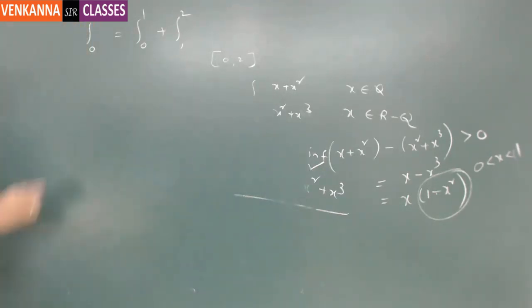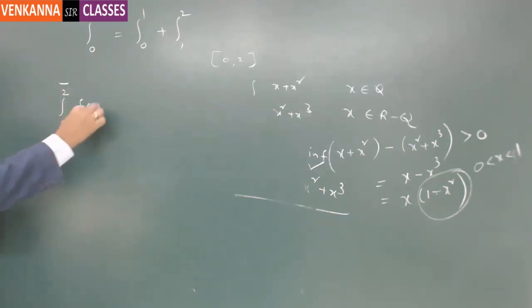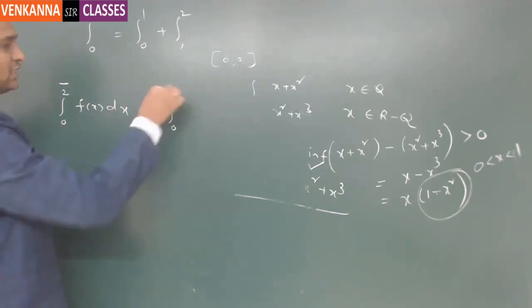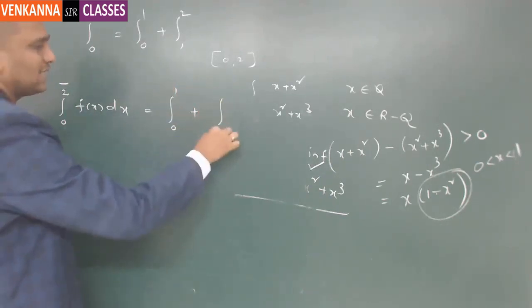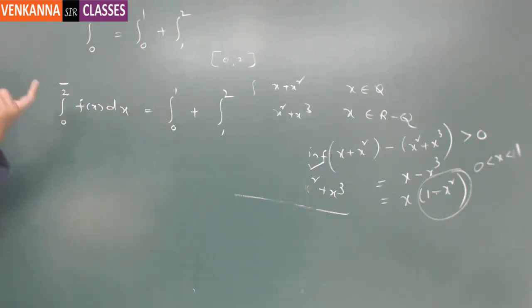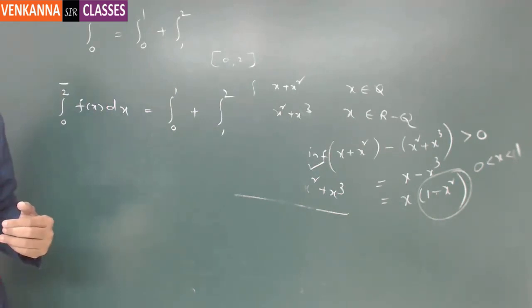So what we are going to do is, if you want to calculate the upper integral, integral 0 to 2 of f bar of x dx, we are calculating the upper integral by taking the upper function. So integral 0 to 1 plus integral 1 to 2. Here I am taking the upper function. What upper function? On the first one, which one is infimum and which one is supremum?